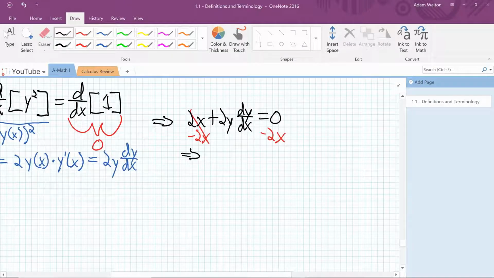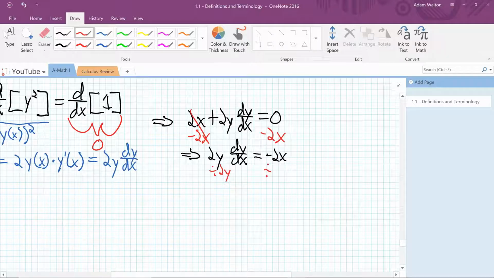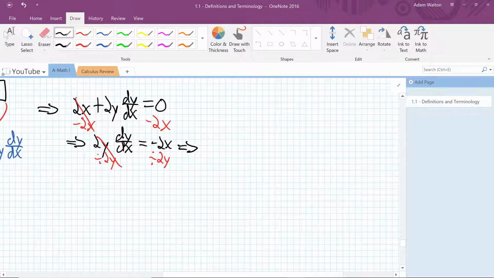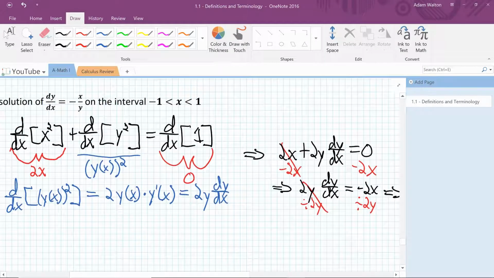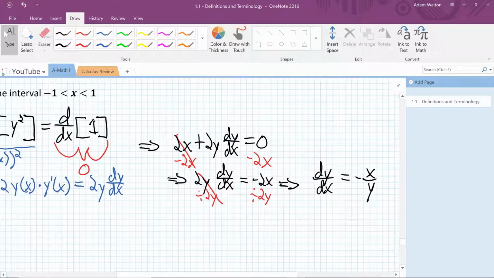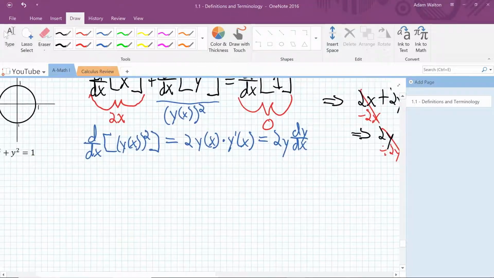And we then have 2y dy/dx is equal to negative 2x. And then with that, we can divide by 2y on both sides. That's going to cancel there. Okay. We have dy over dx is equal to negative x over y, which is the same as our original differential equation from before.